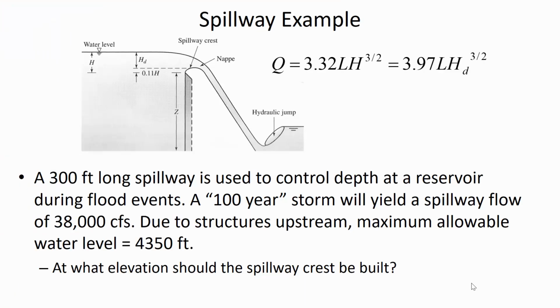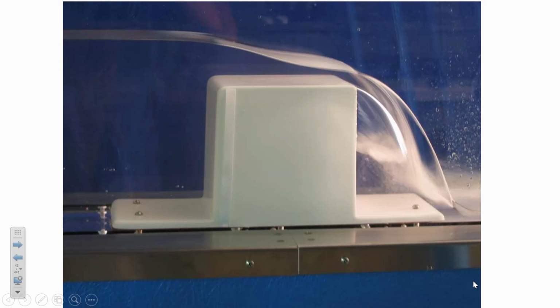So that's a spillway, and what we're going to talk about for the rest of our class period is weirs. And we've already talked about the effect that weirs have when we were discussing obstructions. Before this obstruction was in place, the water was flowing at its normal depth, and what happened was there wasn't enough specific energy to get up over the obstruction.